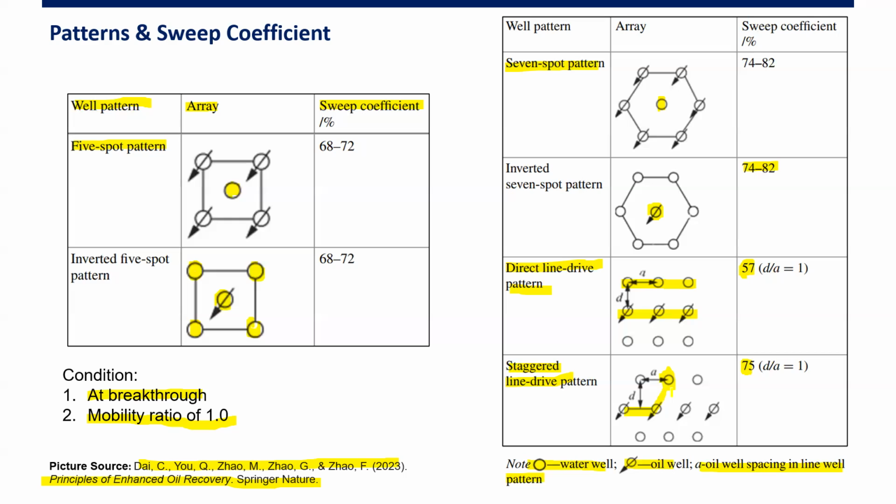You need to discount it more. And also if you have an irregular shape compared to this initial arrangement, you need to also multiply this sweep coefficient with another sweep efficiency, right, to reduce it further because the performance will be worse compared to this initial condition.